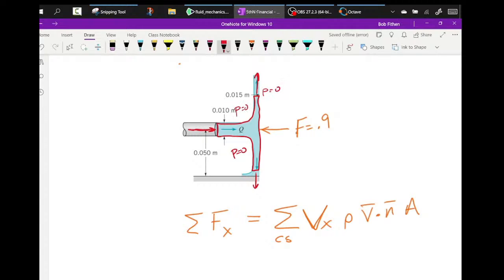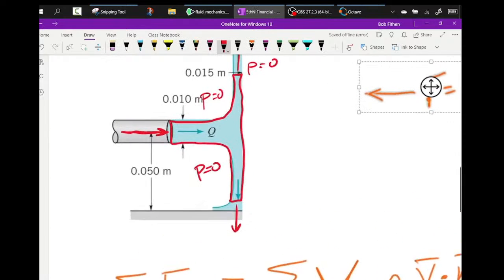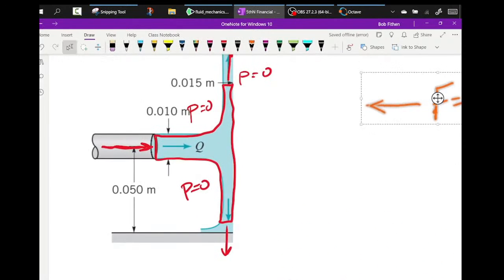Now, how is this actually really happening? It's happening by this. Okay. And I'm going to hack this up and then I'm going to delete it. So you've got a pressure profile here. In reality, what's happening is the wall is pushing back on the fluid because the fluid's pushing on the wall.